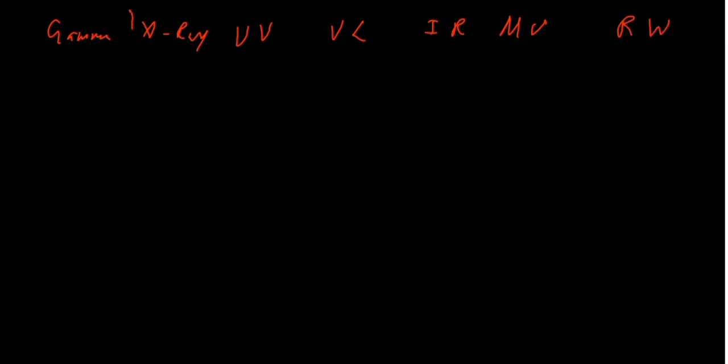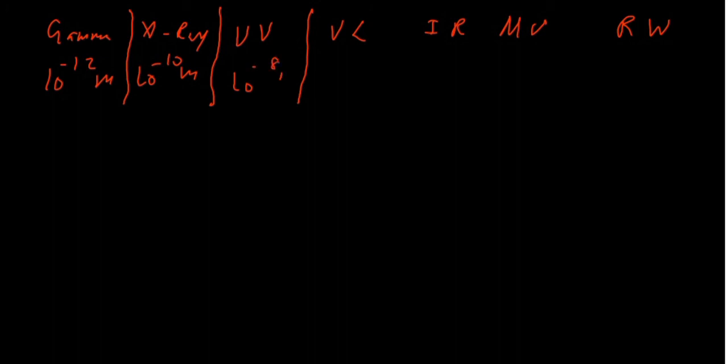So the wavelength for this one is 10 to the power negative 12 meters. So just by reducing by 2 in the power, that will be 10 to the power negative 10 meters. The ultraviolet, that will be 10 to the power negative 8 meters.